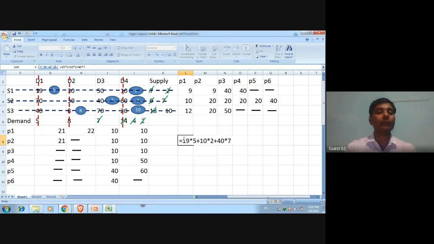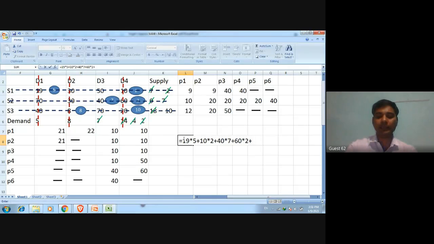And plant S2 also supplied 2 units to dealer D4 at the rate of 60 per unit. So we will multiply 60 into 2 plus, again plant S3 has supplied 8 units to dealer D2 at the rate of rupees 8 per unit.